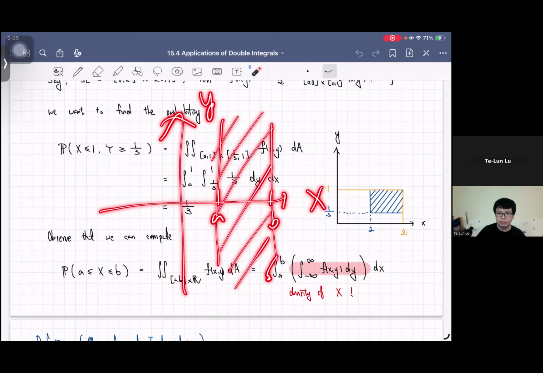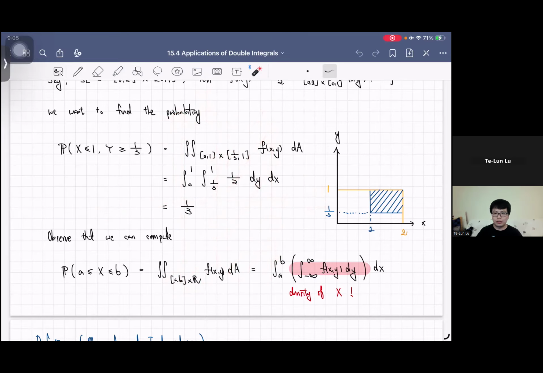Okay. Right. So by Fubini's theorem, you can split the integration between y and x. You get this whole thing, dy first, all the way from minus infinity to infinity, and x goes from A to B. Let's look closely. This is actually a function of x, right? And this is actually a density of x by definition.